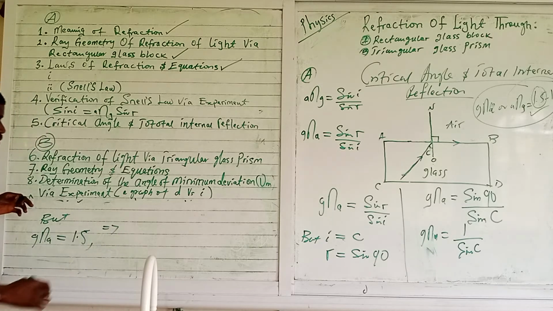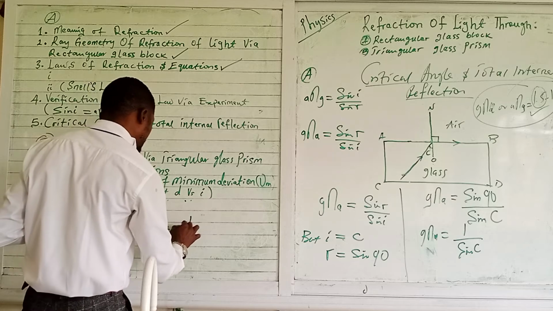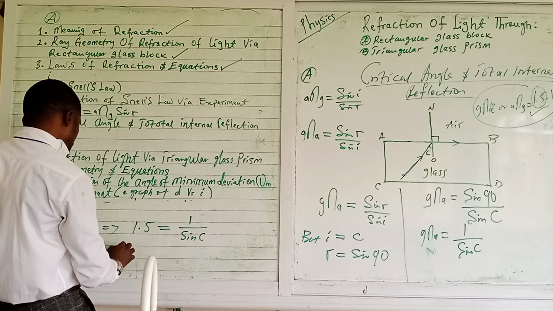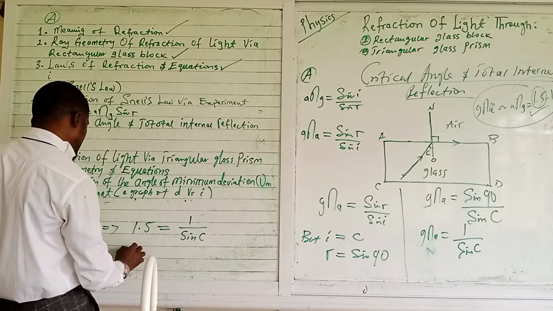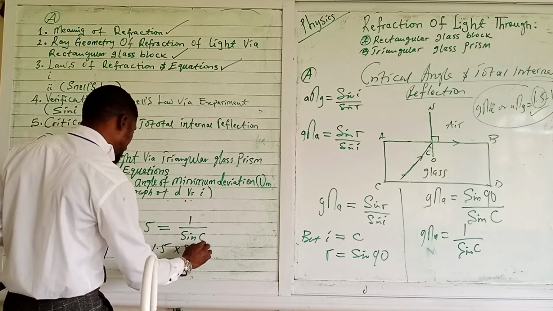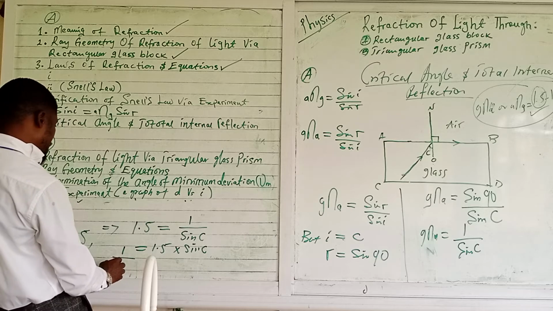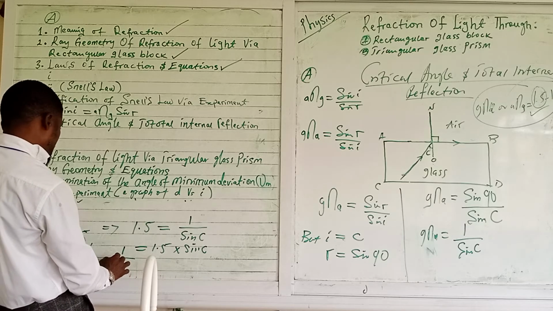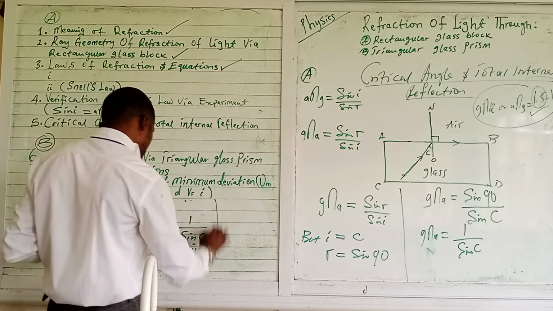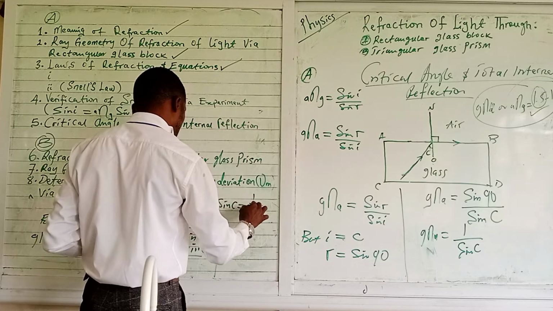This implies that 1.5 is equal to 1 over sine c. You cross multiply so that 1 is equal to 1.5 times sine c. Divide both sides by 1.5, so your sine c equals 1 over 1.5.